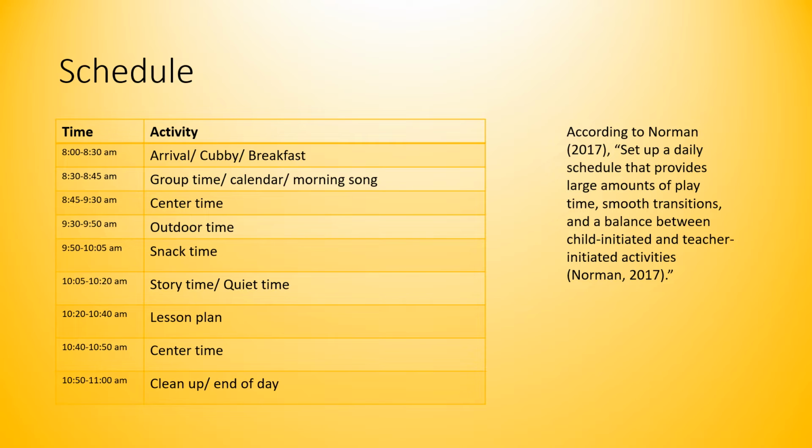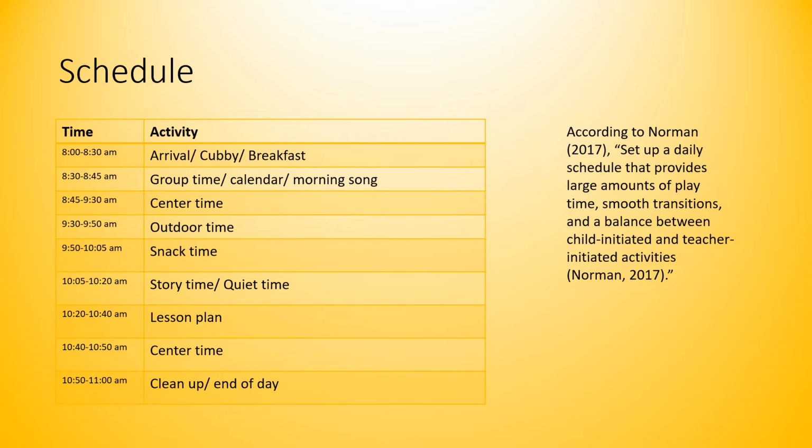From 9:30 to 9:50 is outdoor time, and this is obviously where we go outside and play. From 9:50 to 10:05, the students will come back in from outside and they're going to have their snack. From 10:05 to 10:20, we will have story time together, or sometimes I'll have the students just read quietly alone.